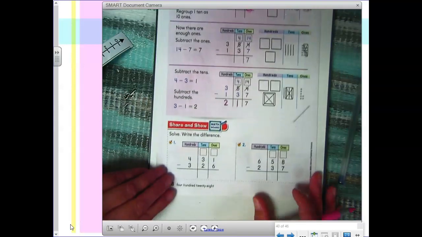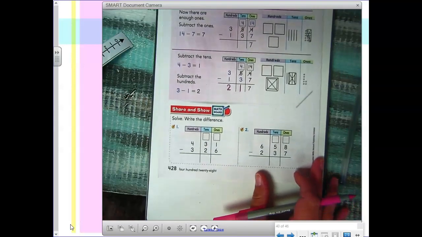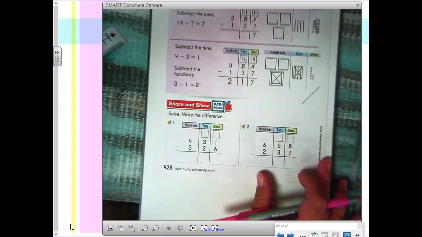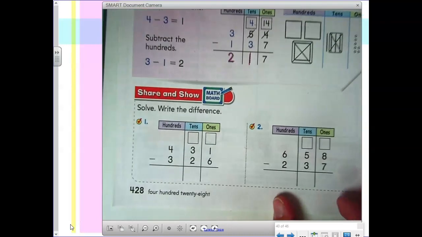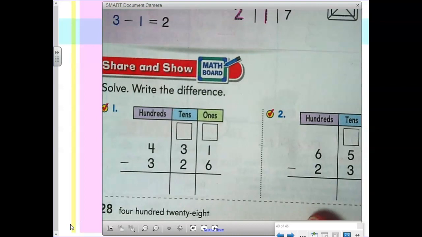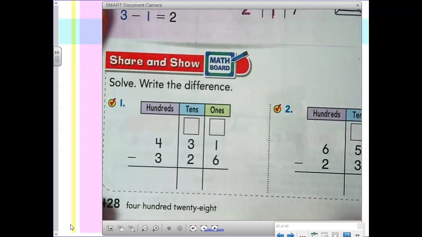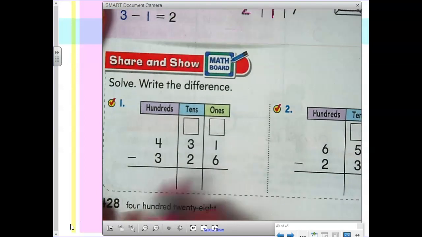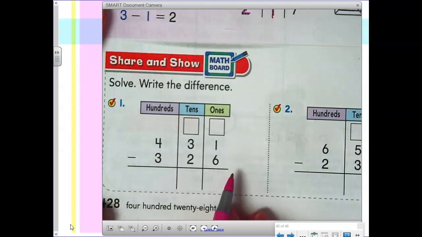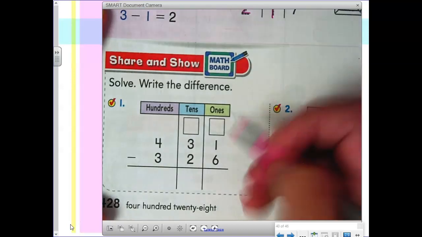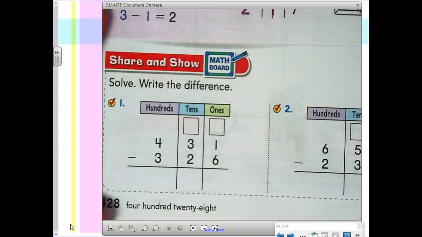All right, let's try some together. Share and show at the bottom. All right, let's look at number 1. 431 minus 326. Where do we start? Start on the right. 1 minus 6.